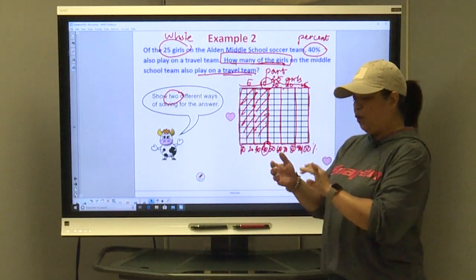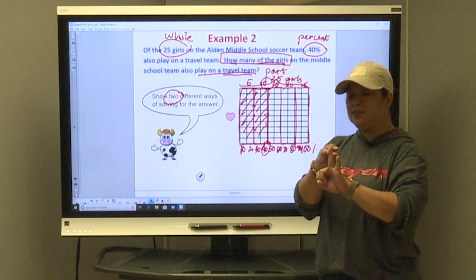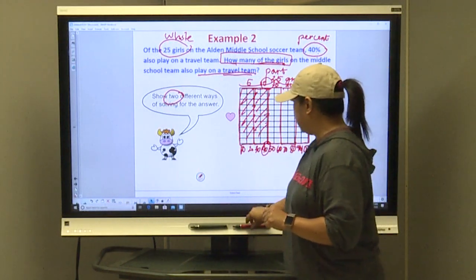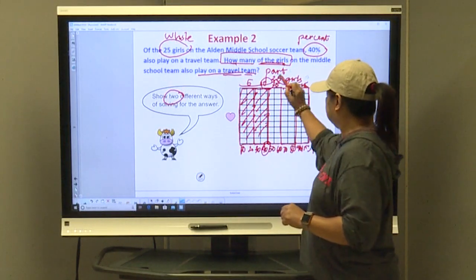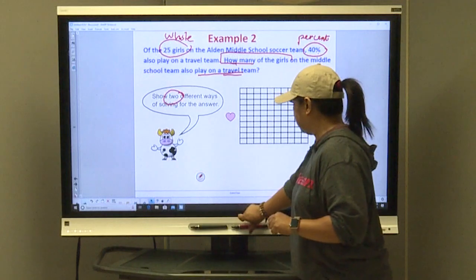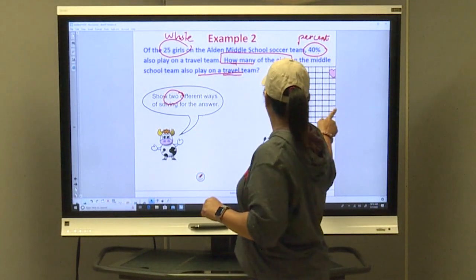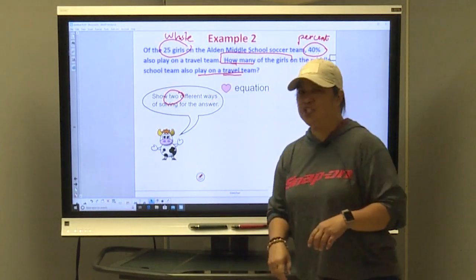All right, so we had tape diagram, we had double line diagram, we have the 10 by 10 grid, and then let's try a new one. Okay. What else? What other strategy can we use? Let me put this on this side. All right, equation.